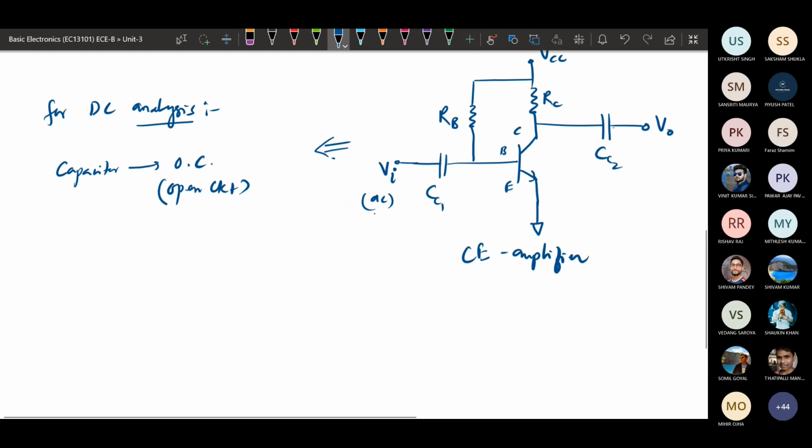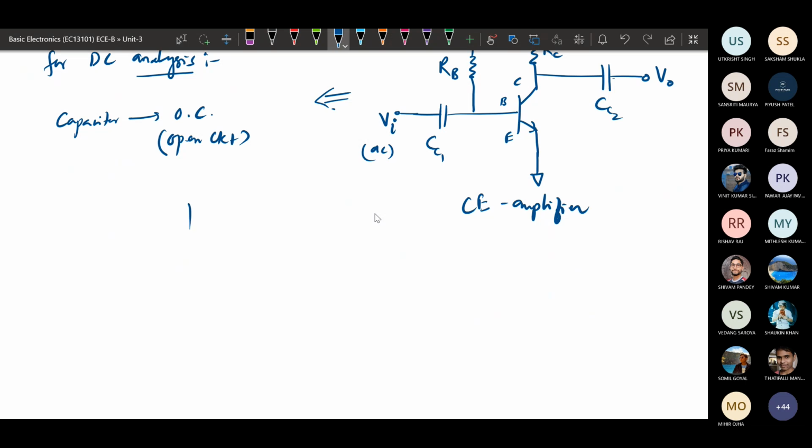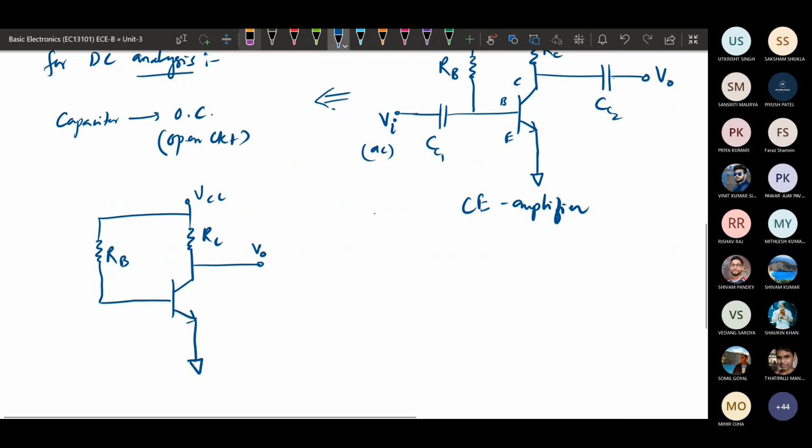The circuit for DC analysis will be the same, with all the capacitors removed. So for DC analysis the circuit will remain like only this. This is RC, this is RB. The output side will also be an open circuit, so we can just remove it.